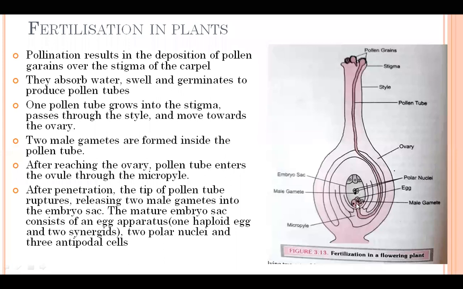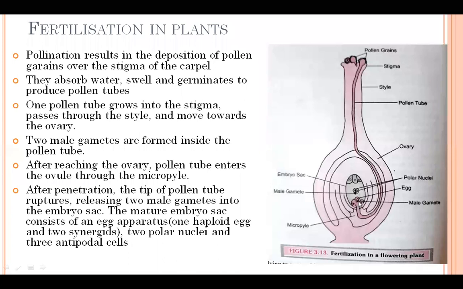So where is one fertilization taking place? At the base of the embryo sac. What is fertilization? It is the fusion of the male gamete with the female egg cell. That fertilization, in which the male gamete fuses with the female egg cell, is called syngamy.